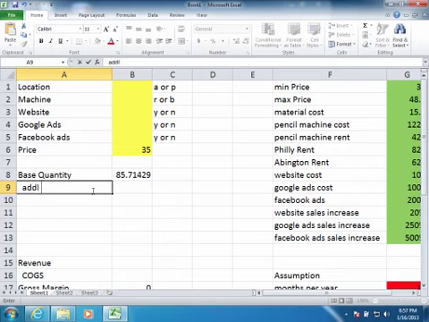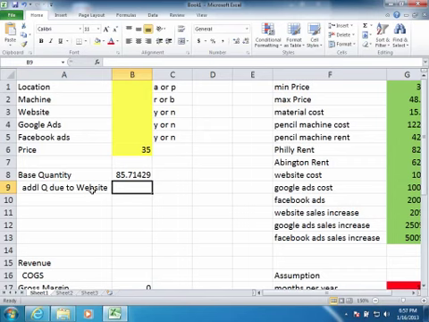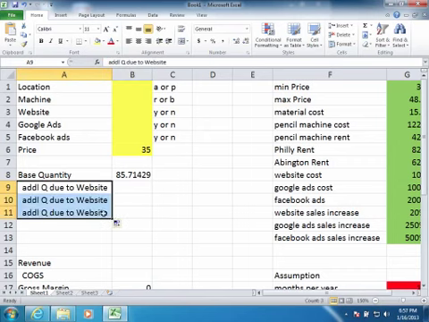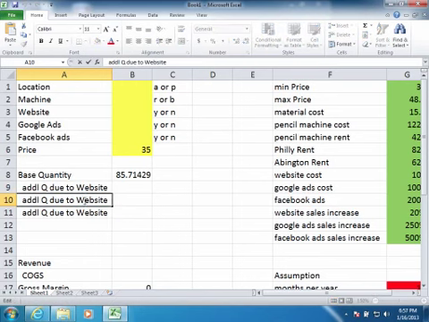And I'll have an additional quantity due to website. So if I have a website, then I'm going to get an extra 20%. And let me go ahead and add all of those: additional quantity due to website, additional quantity due to Google, and additional quantity due to Facebook.